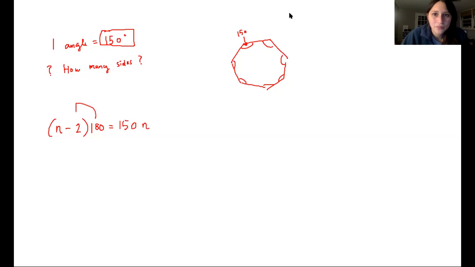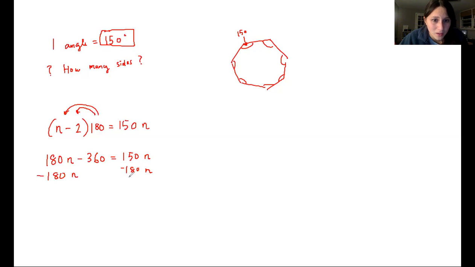So if I bring my 180 into my parentheses, I have 180 times n minus 180 times 2, which is 360. And that equals 150n. So let's subtract 180n on both sides and combine my like terms. And then I'm left with negative 360 equals negative 30n.